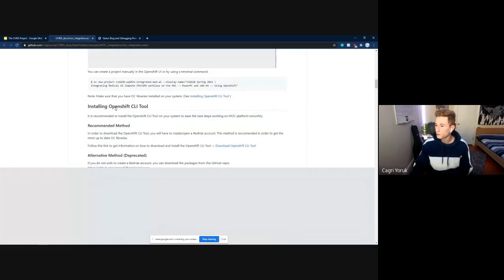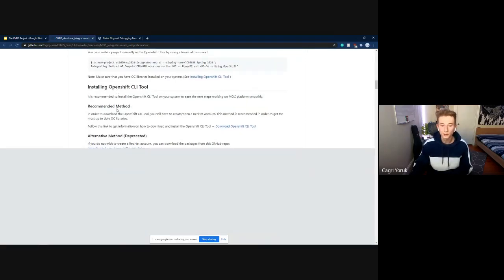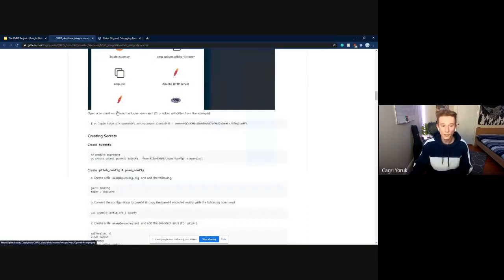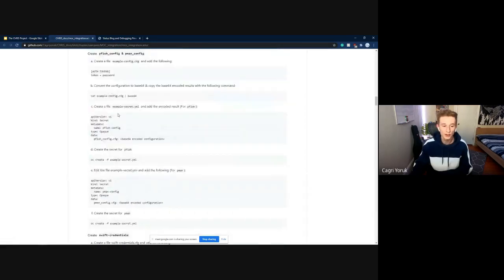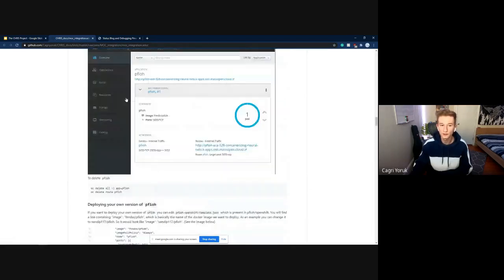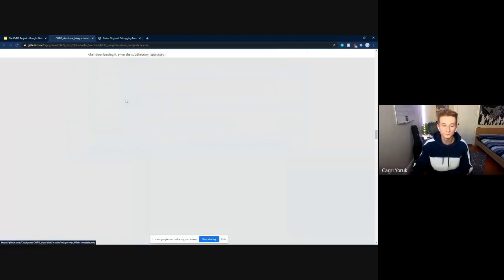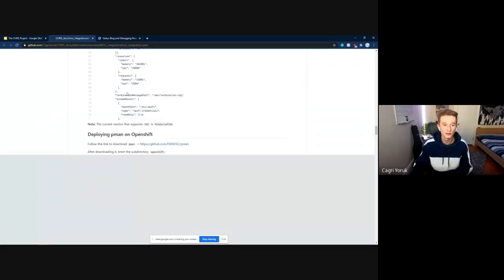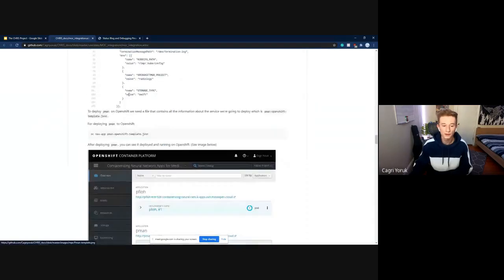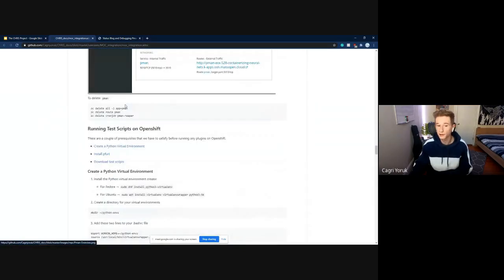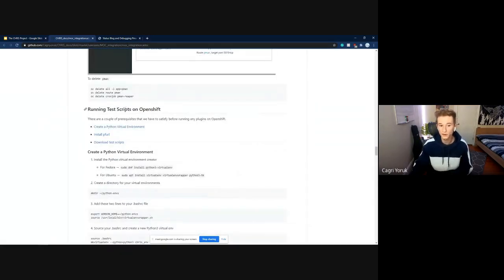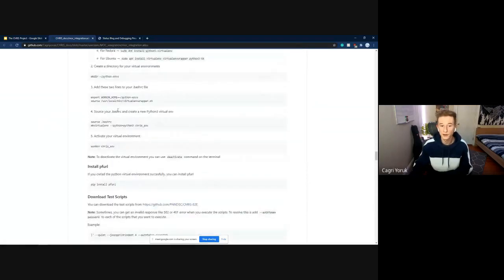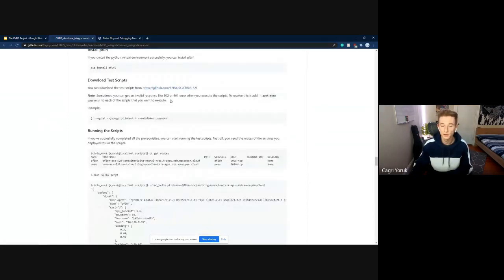Installing the OpenShift CLI tool, which is the command line interface tool, creating secrets for the project, deploying our services. And it's loading. Deploying the process manager, running our plugins on the OpenShift environment, how to install it, downloading our scripts.